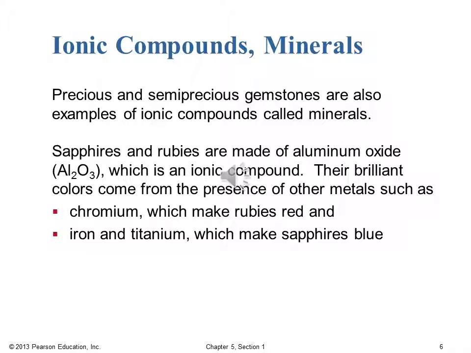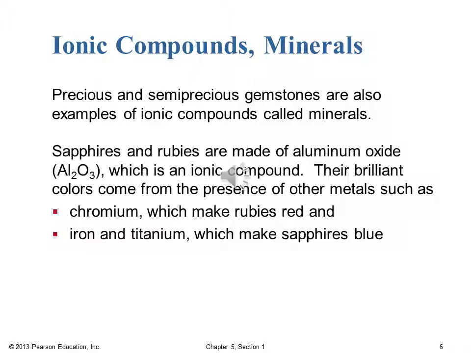So they form an ionic compound, and they give beautiful colors, depending on whether we're talking about ruby, which has a particular amount of chromium impurity to give it the red color, or the rest of the substances known simply as sapphire. It's iron and titanium which make them blue, although you can have other impurities to make them other colors, even colorless.